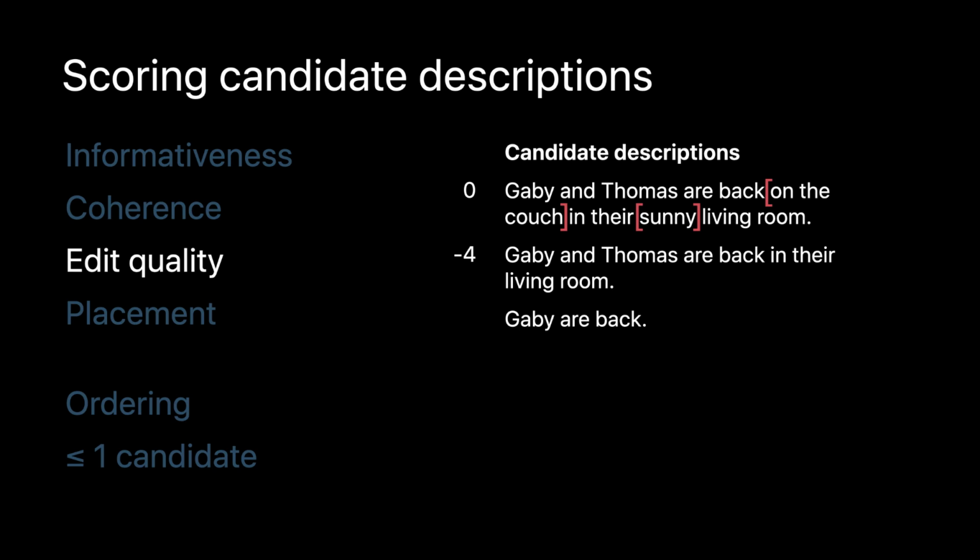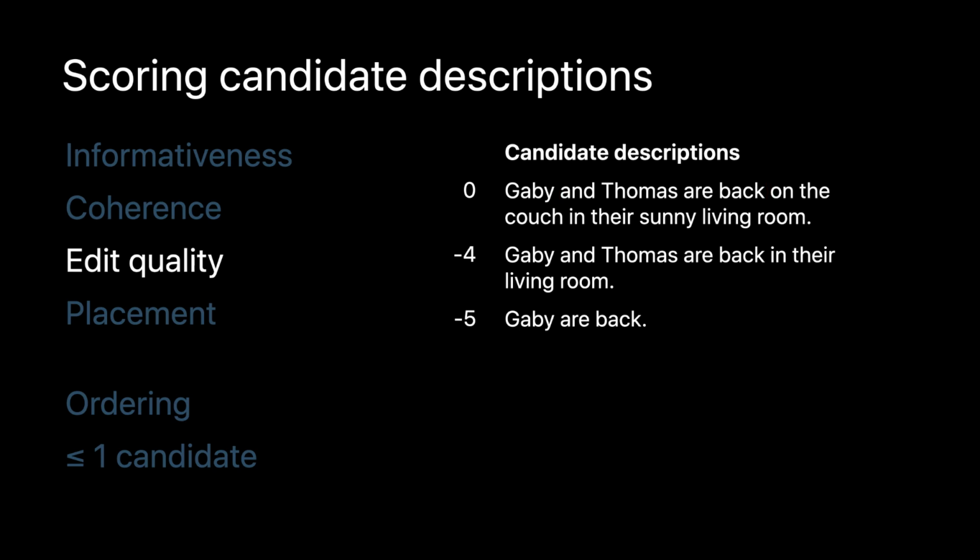Gabby and Thomas are back in their living room. That receives a penalty of -4, but it still sounds pretty good. The third candidate requires 3 cuts, 2 to remove and Thomas, and 1 to remove the rest of the sentence. Any cut that removes the end of a sentence receives a higher penalty of 3 instead of 1, as the last word of the sentence often contains a distinctive downward intonation. Gabby are back. So we can hear back kind of cut off there.